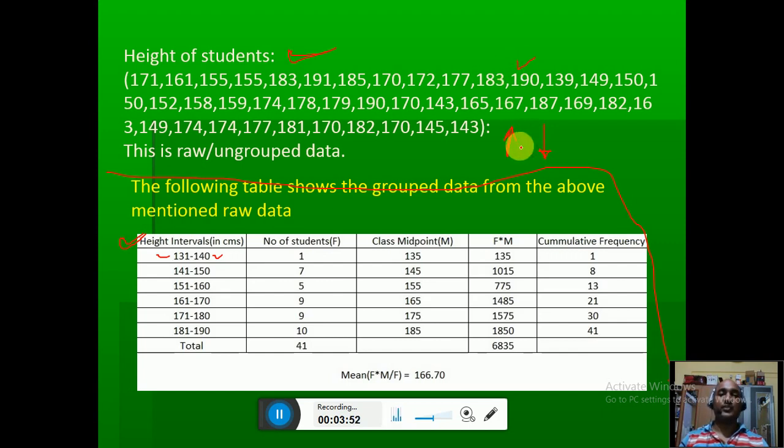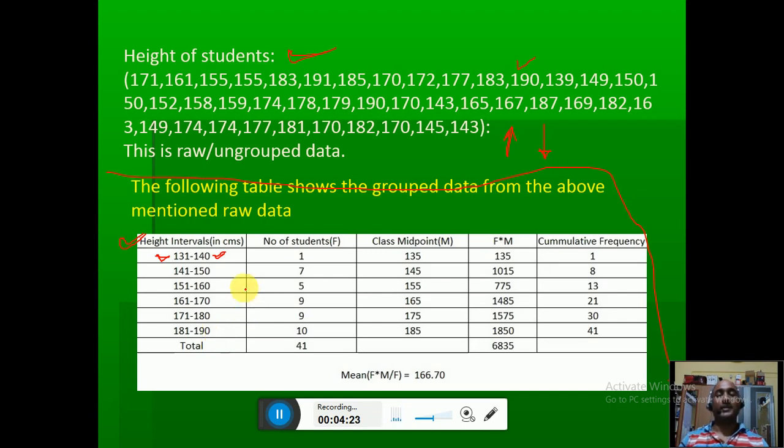Therefore we form the groups of ranges. This is also called a range, or class interval. We may form a range of interval 10, maybe 20. It's up to you, as per the requirement. Here we have taken 10: 131 to 140, 141 to 150, and that way up to the maximum height.